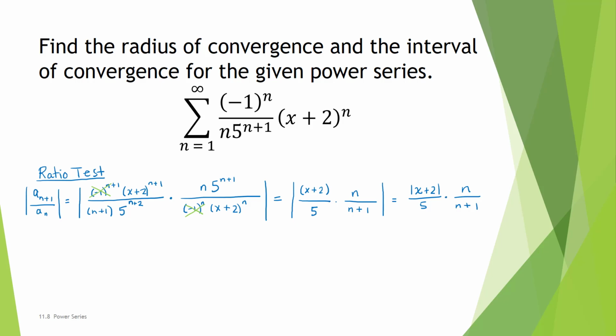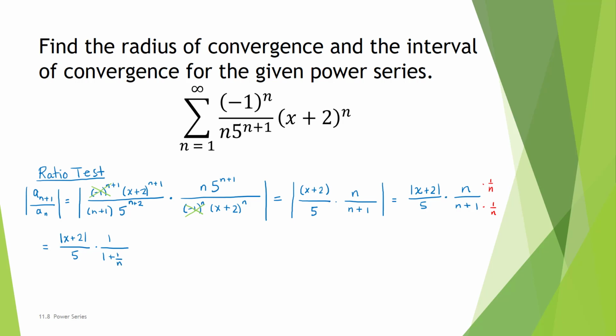Since we're going to take a limit as n approaches infinity, we'll multiply that second fraction by 1 over n on the top and on the bottom. This gives us the absolute value of x plus 2 divided by 5 times 1 divided by 1 plus 1 over n.